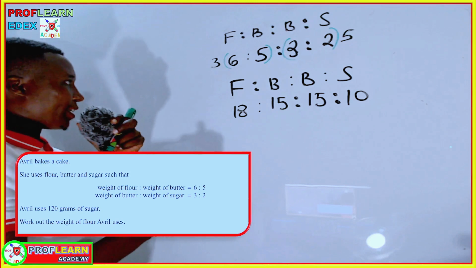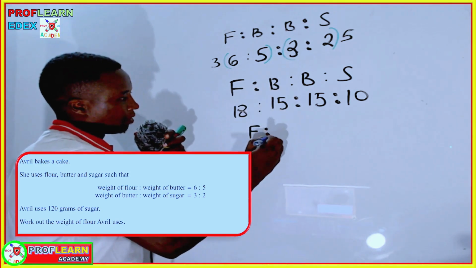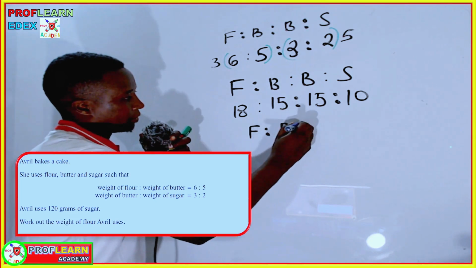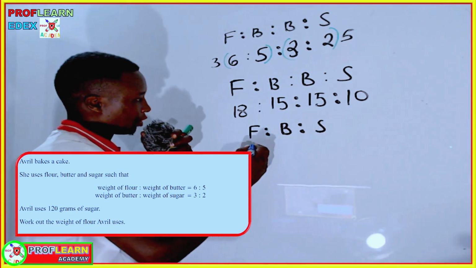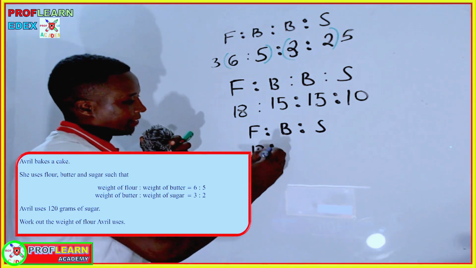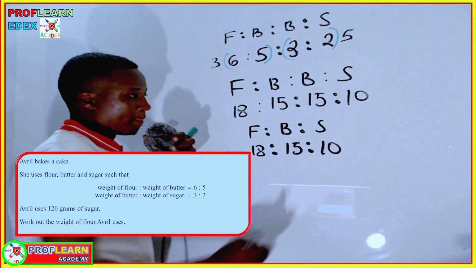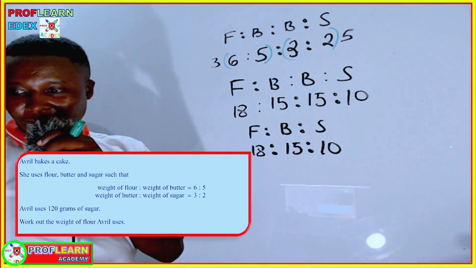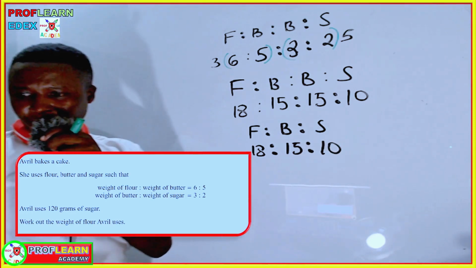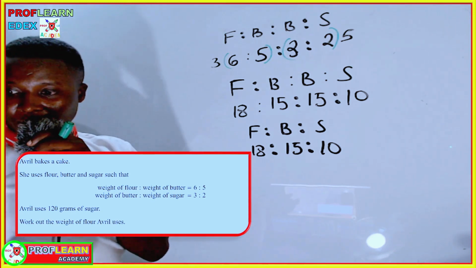Now you can see we have butter the same, so you can therefore say flour to butter to sugar is actually 18:15:10. But something else that we are told here is that Alville uses 120 grams of sugar.